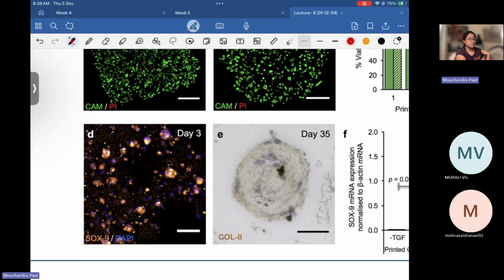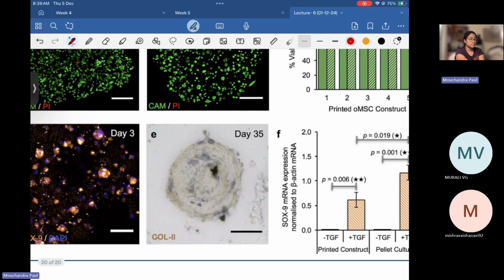You can see it colored as orange, whereas the blue color represents the nucleus of the cell. So this image shows the proof that yes, the cells are getting differentiated into cartilage cells, chondrocytes.